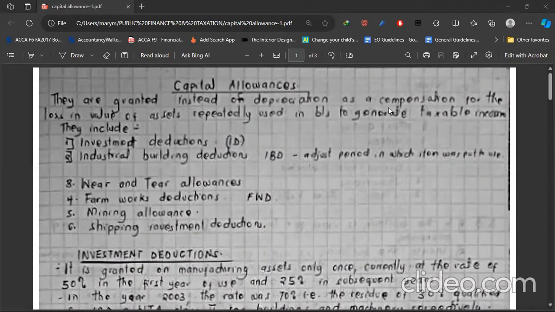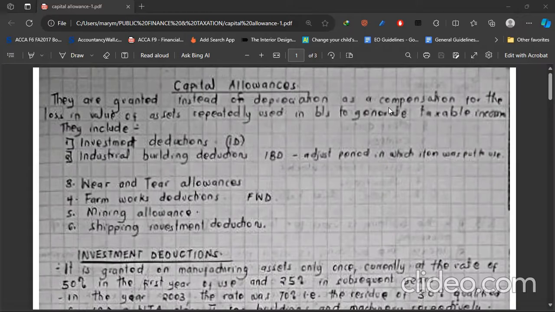Now, when you look at capital allowances, we are saying they are granted instead of depreciation as compensation for the loss of value of assets repeatedly used in business to generate taxable income. Capital allowances are the only deductions for the loss of value of assets which is acceptable by the Income Tax Act.